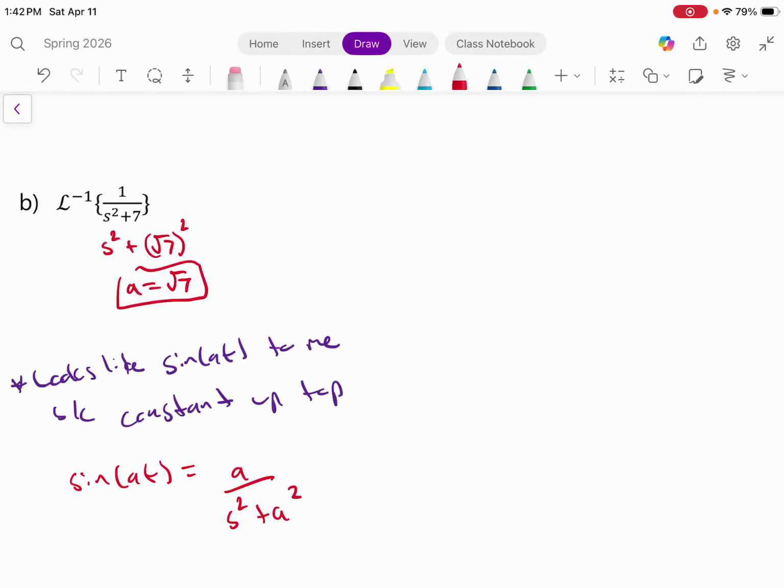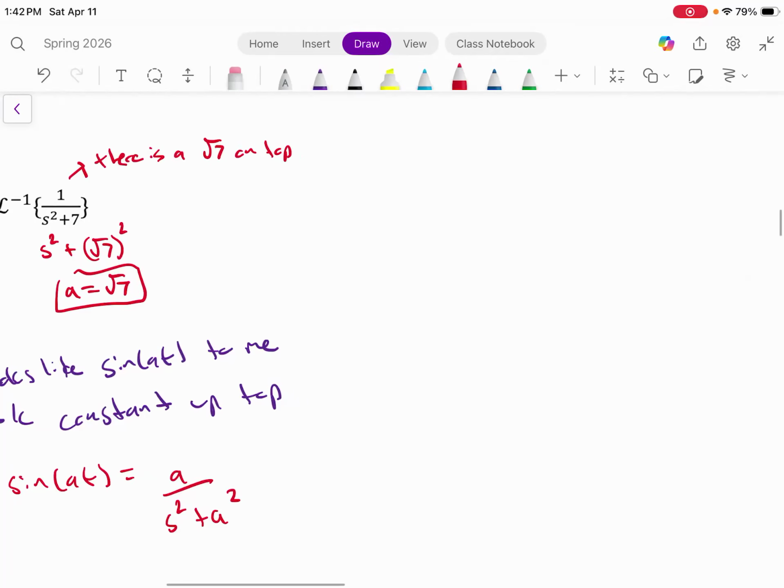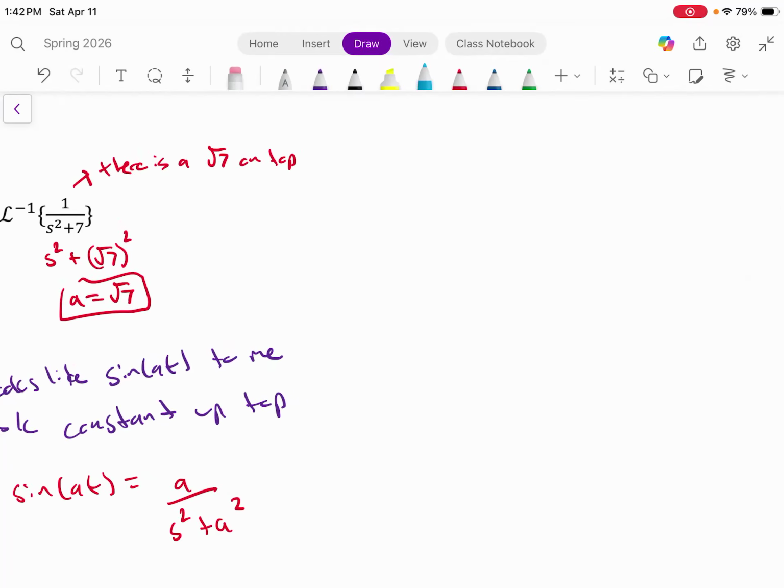If that's the case, there should be a square root of 7 on top. So what I could do is rewrite this as the square root of 7 over s squared plus the square root of 7 squared.